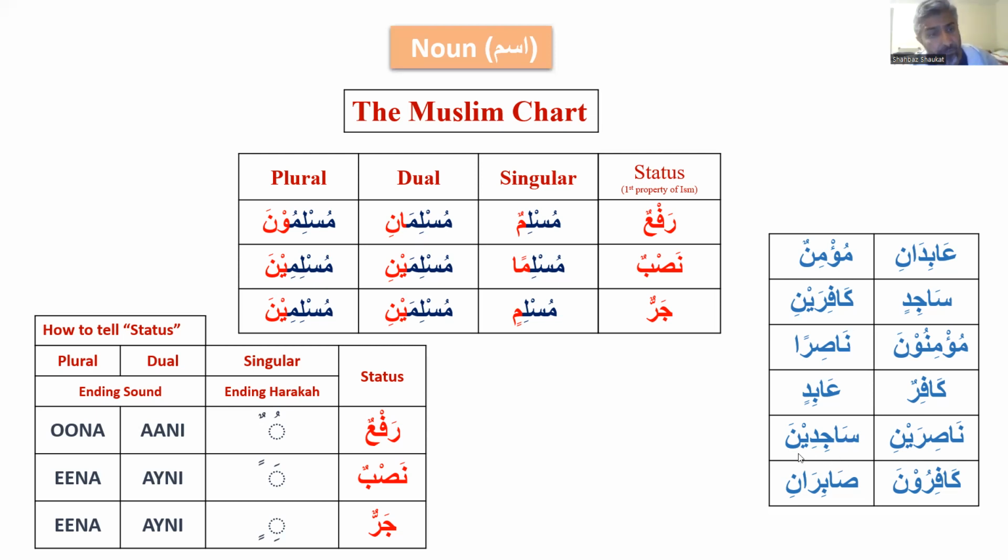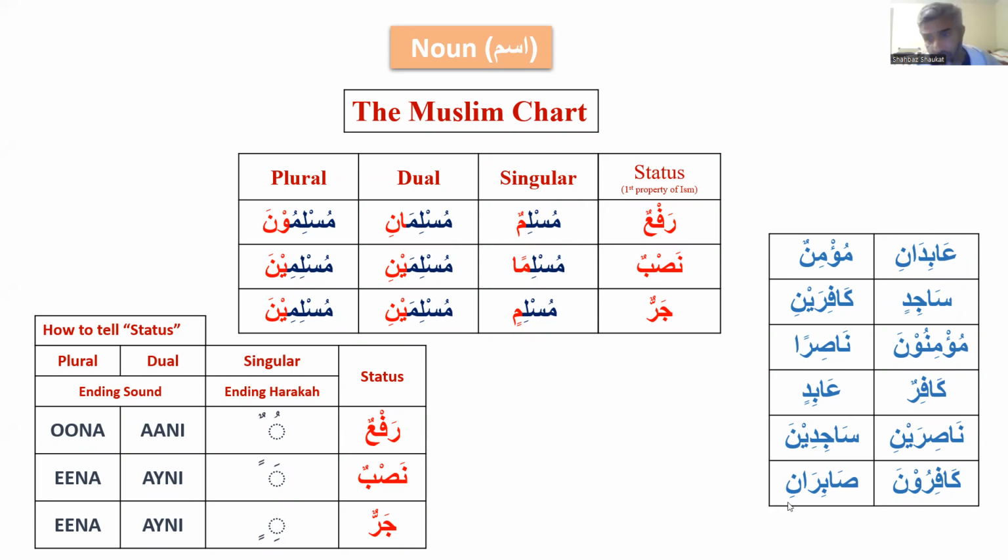What is the status? Sajidina is either nasab or jar, plural. Why do you say that? How do you decide? Because it has an ina ending, which is nasab and jar sound. Very good, very good.